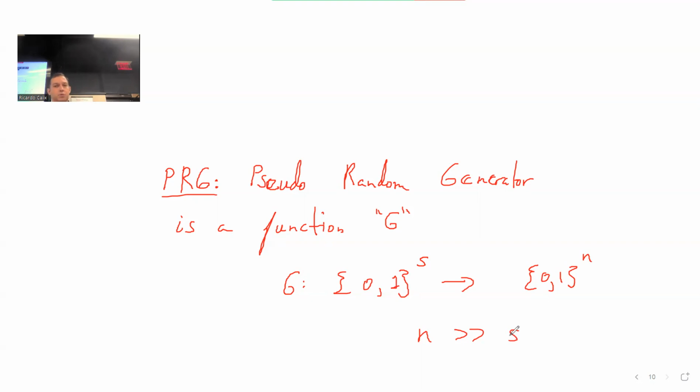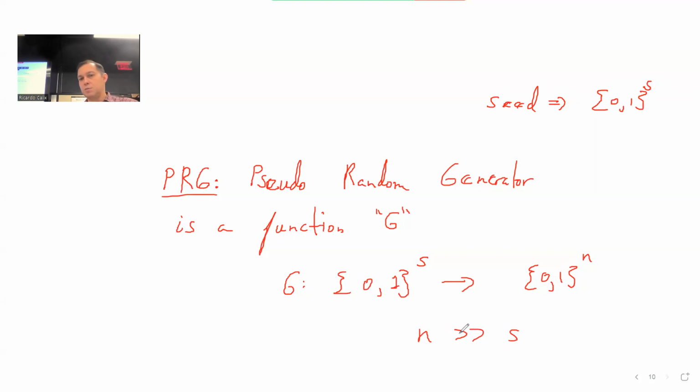So with this, we can build the algorithm, because this would meet the condition. Again, a pseudo-random generator is a function G that takes the seed. That's the seed, right? Zeros and ones of size S, which is small.